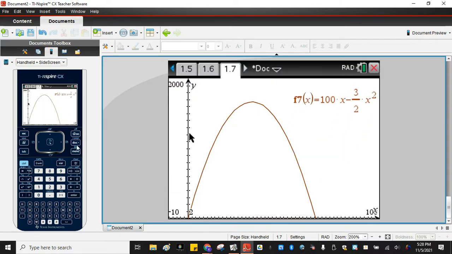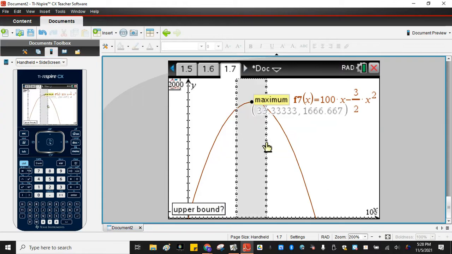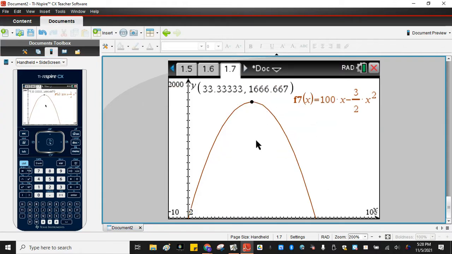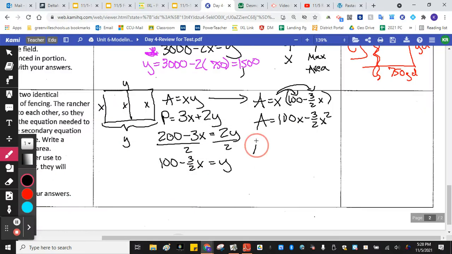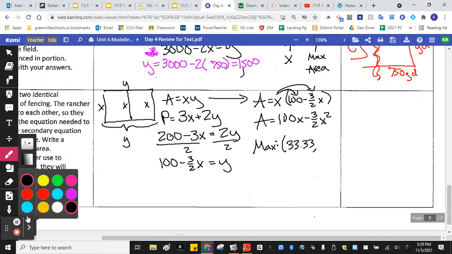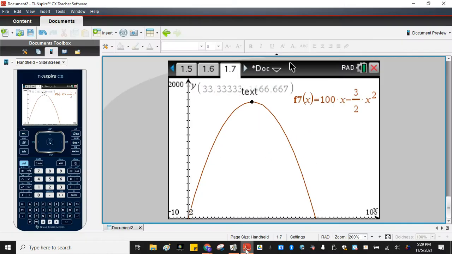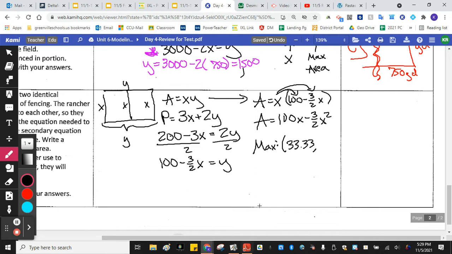Oh, nice. Then you realize maximum. Ooh, ugly. I'm going 2 decimal places. So 33.33 and 166.67. I think that's right. 166.67. Yeah, that's it. So here's our x, and here is our area, maximum area.